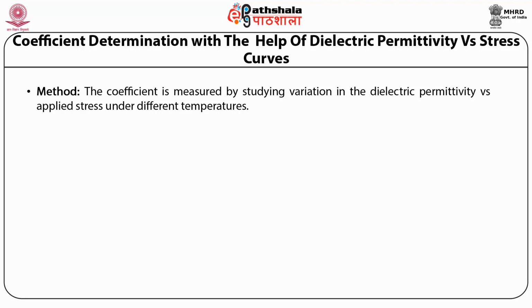From the direct effect of electrostriction, Qijkl can be expressed as Qijkl equals half of del square Sij divided by del Pk del Pl.